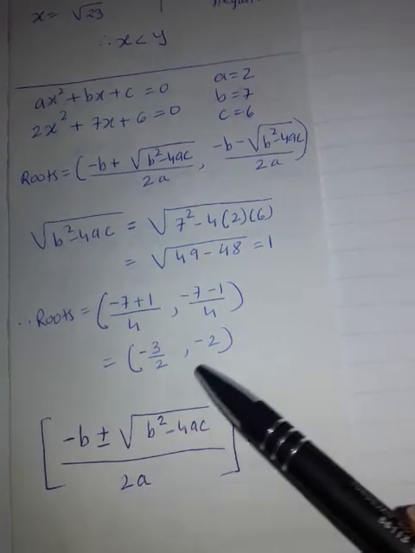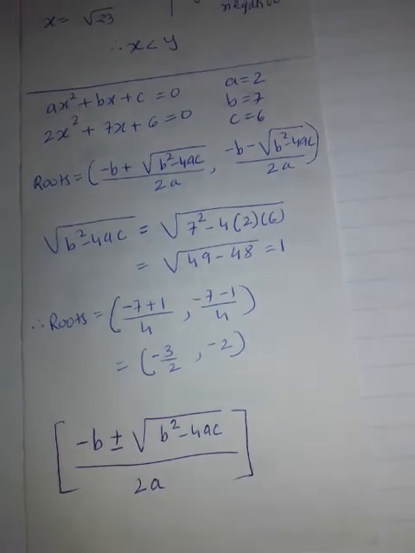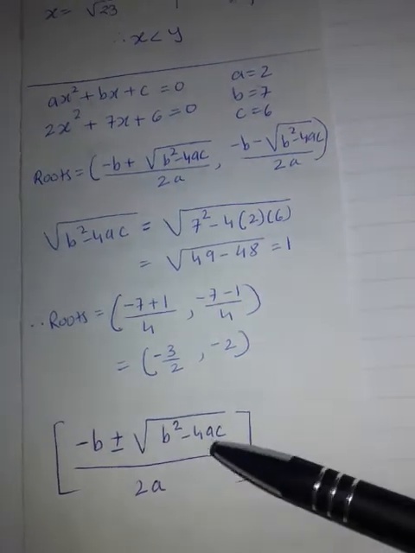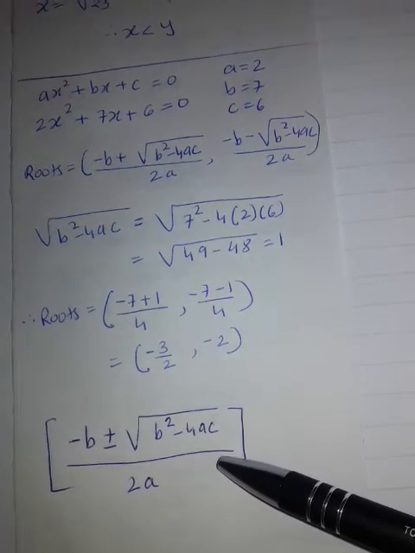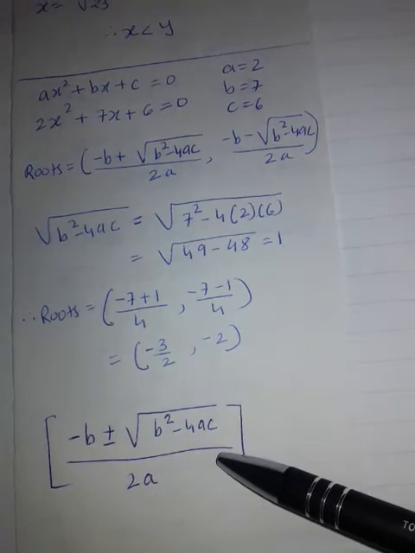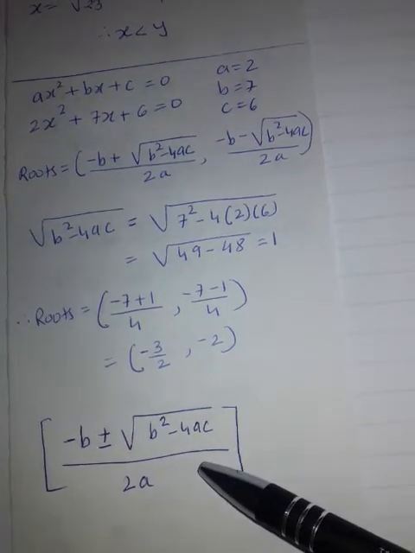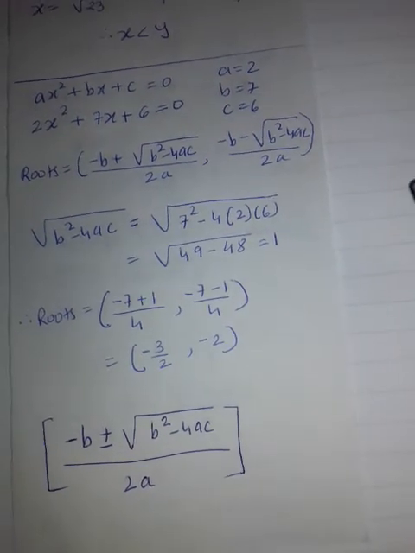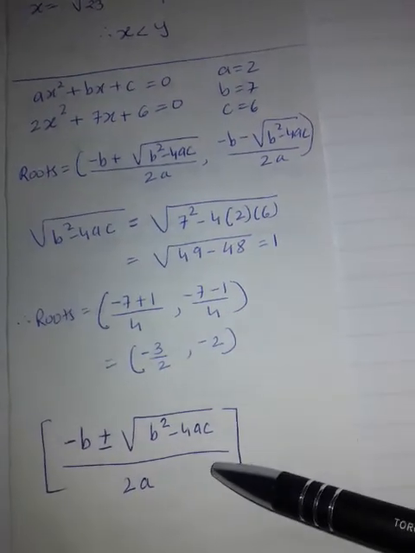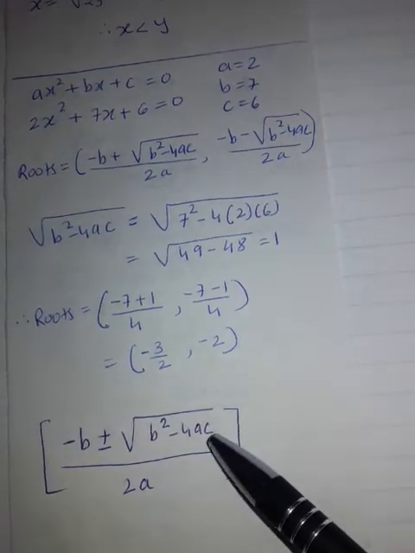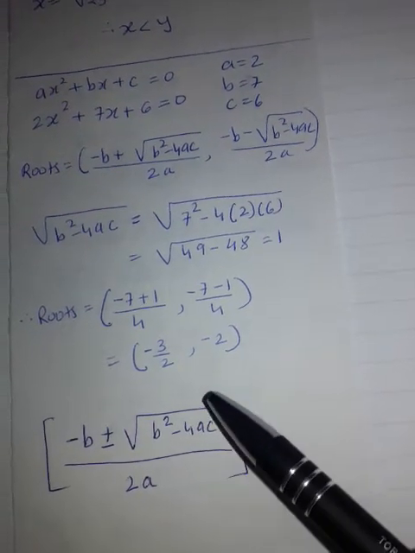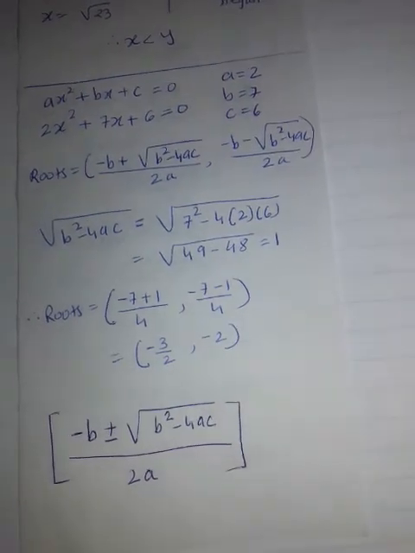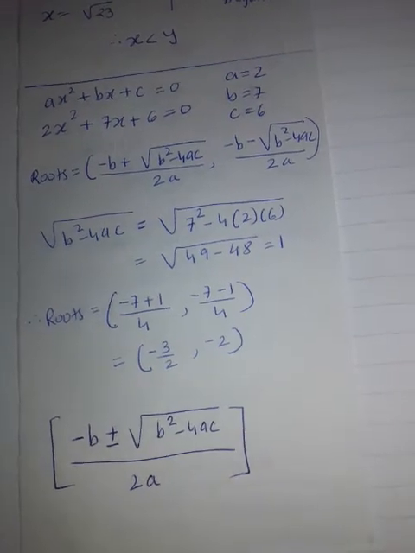These are the two roots. Our shortcut formula, which we discussed in the last two parts, if you are not able to apply it straight away, you can apply this root formula. No need to think too much or waste time thinking. Just use this and find out the roots and you will get the ready answer. Got it? This is the formula. First we found the value of square root of b square minus 4ac, then we substituted a, b, c in the formula and that's how we get the answer. It's as simple as that.